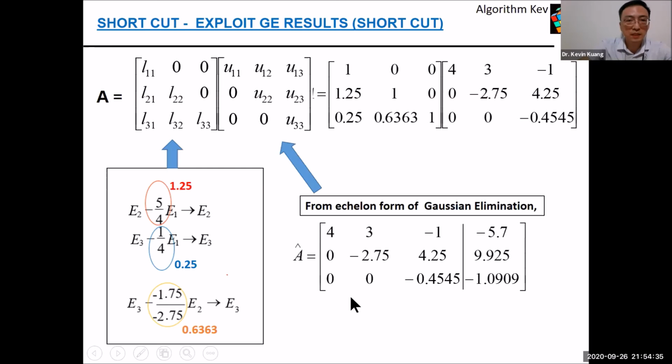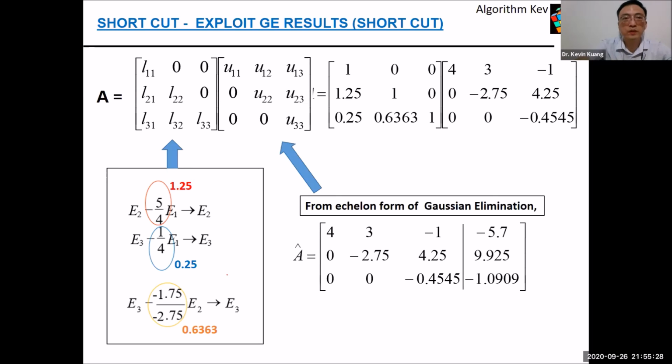Now, this is certainly a much faster way to obtain our L and U. This will be very useful because once we are able to obtain the LU decomposition of a matrix A as a result of the Gaussian elimination, we will not need to repeat this process if the right-hand side of the equation changes, because the matrix A will remain the same, producing the same LU decomposition.